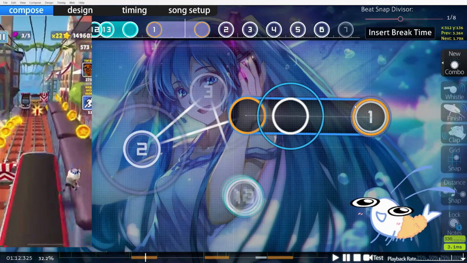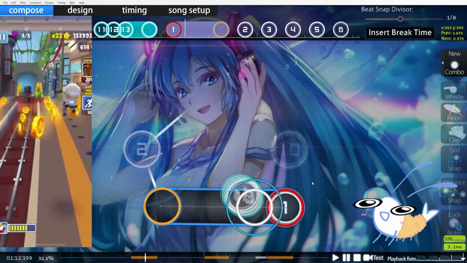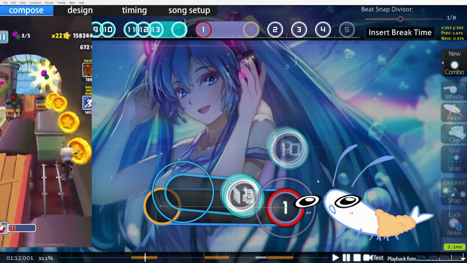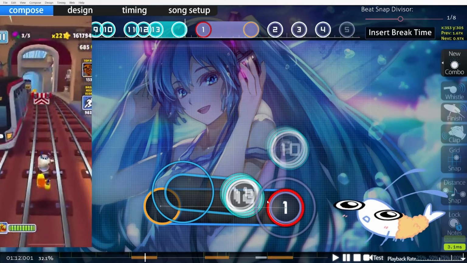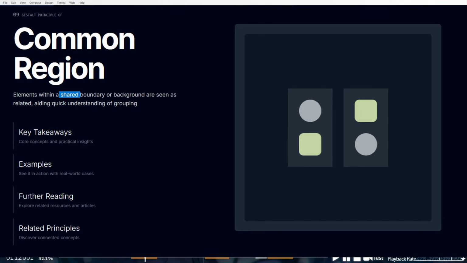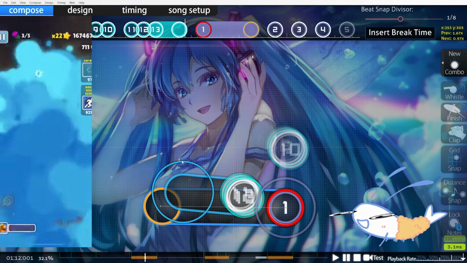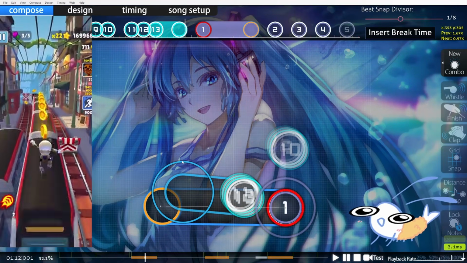But the core idea is that this slider here doesn't exist in isolation. It exists with all the objects around it. And a really important idea is the common region, which, when we're talking about things in an enclosed space, things in that same space are assumed to be related, right?